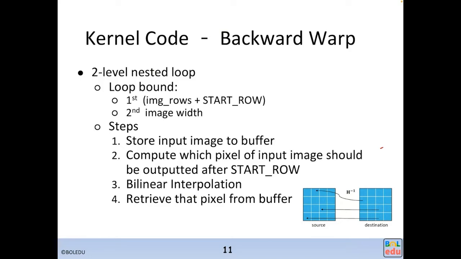Here is what we're doing in the main loop. There is a 2-level nested loop here, and the loop bound is like this. We can see that the upper bound of the outer loop is the total rows of the image plus the start row, which is 50 here.